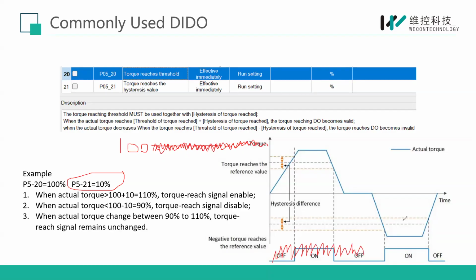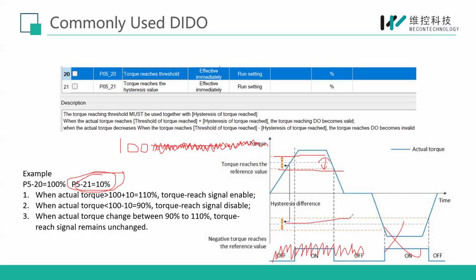This is not what we want. So that's why we set P5-21, to set an area, and within this area we consider the torque unchanged.